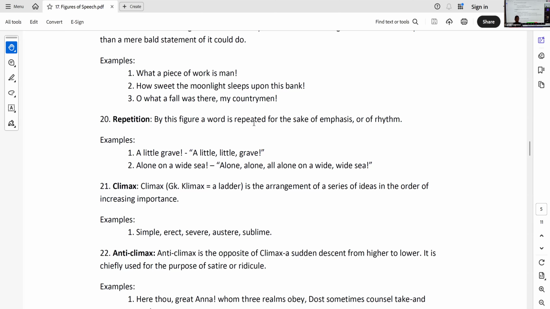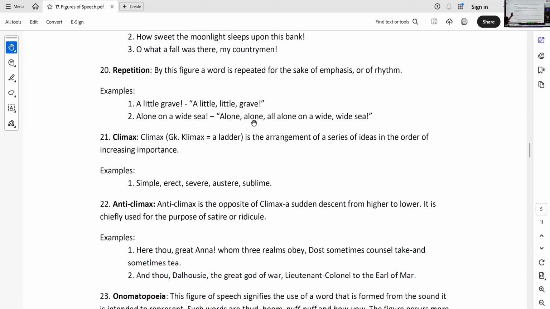Repetition is to help you remember an idea. Repetition is to emphasize a certain idea. Okay. So here this man is emphasizing that he is marooned in the ocean. He's all alone. And the sea appears to be so, so big on a wide, wide sea. Easy to identify because you just see the word repeated.